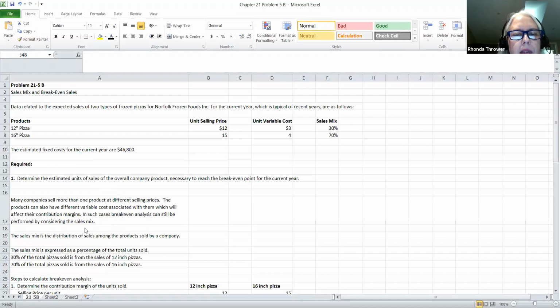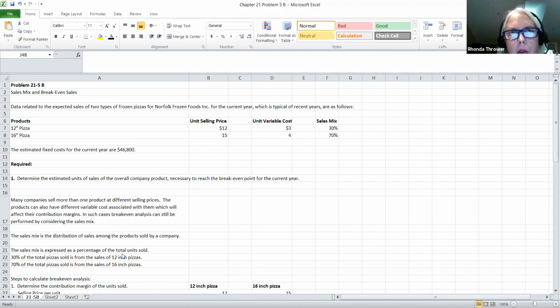And so when we have a sales mix consideration, what we need to do, first of all, is determine what the sales mix percentage is. In this case, they've given you the sales mix percentage. And the sales mix percentage is a percentage of the total sales that are sold. So in this case, 30% of the 12-inch pizzas are going to make up the total units sold.